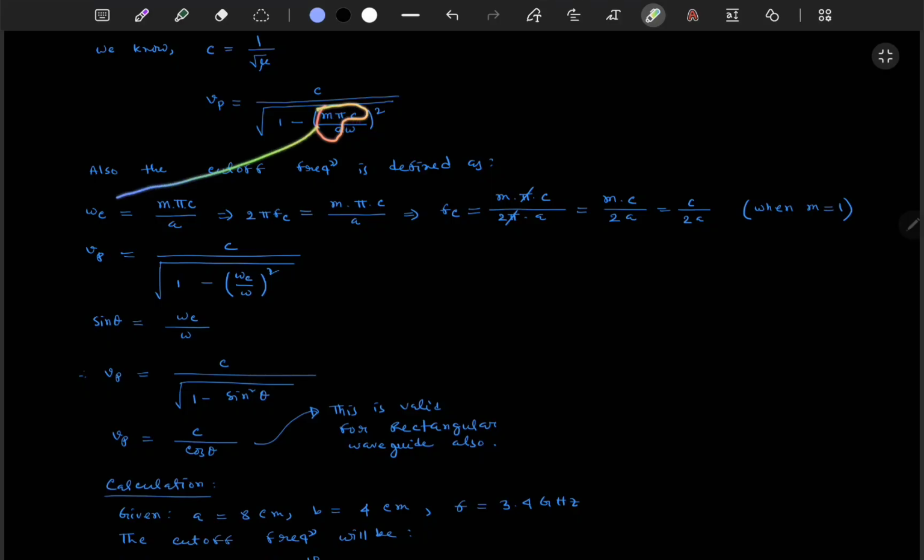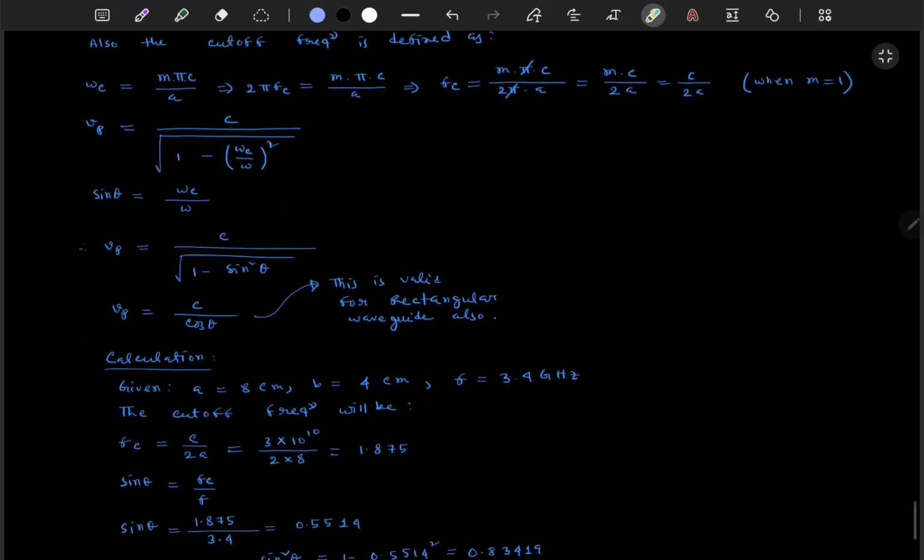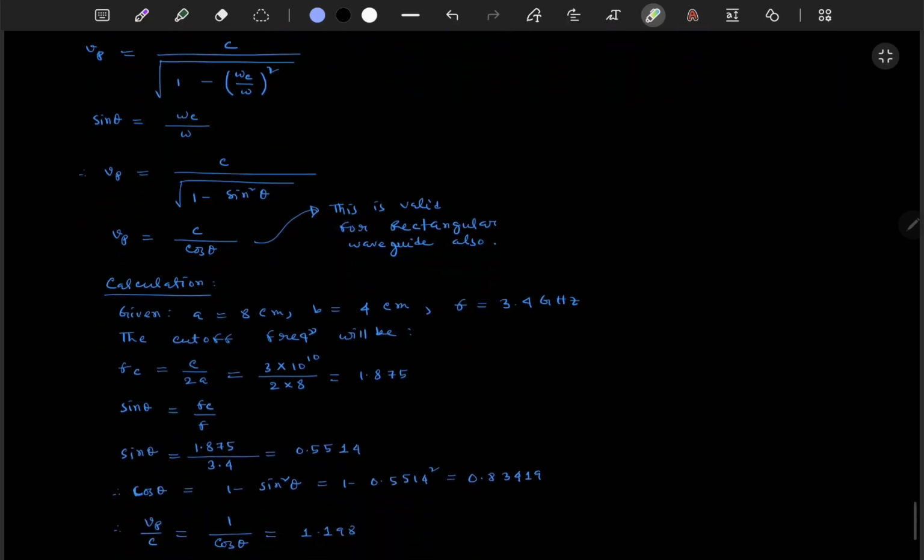This is omega c by omega, and this is sin theta equal to omega c by omega. Then Vp will be c by root of 1 minus sin square theta. So 1 minus sin square theta is cos square theta and root is cos theta. So this is valid for a rectangular waveguide also.